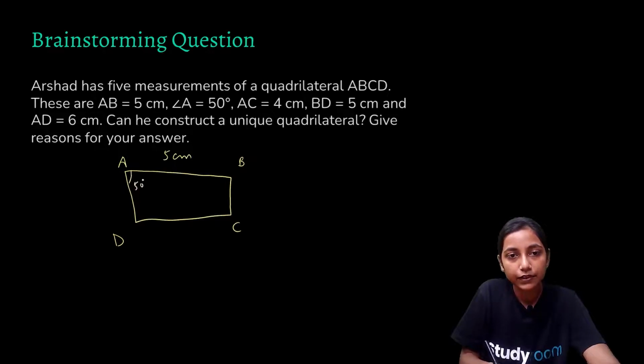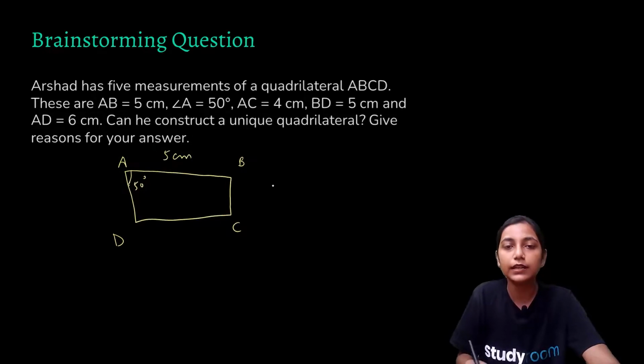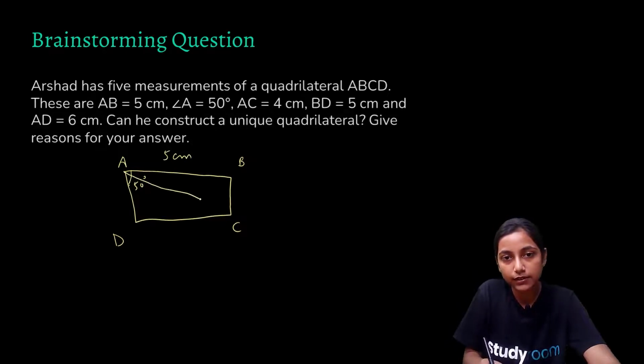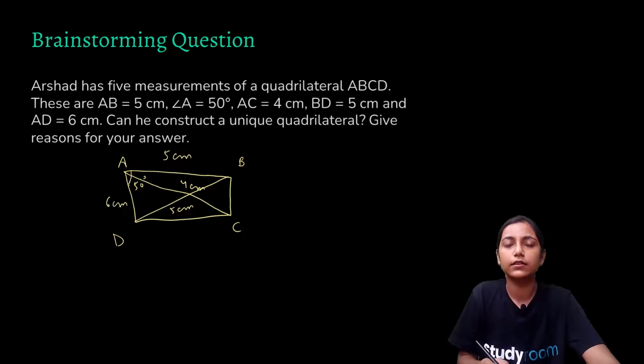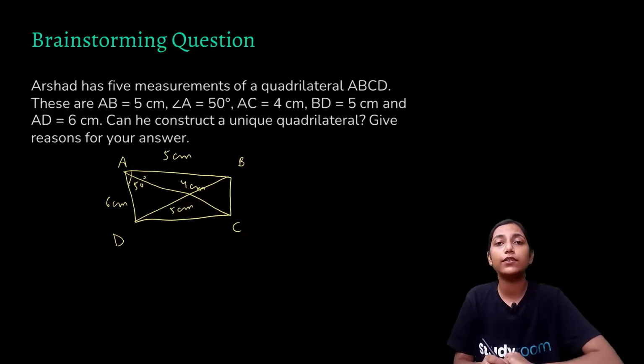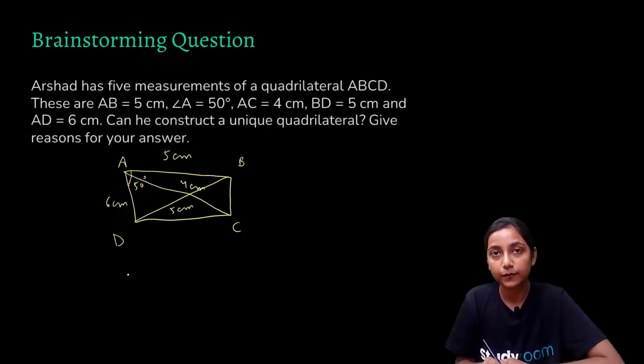If this is 50 degrees, angle A is given to us as 50 degrees. AC is given to us now. AC means the diagonal is given as 4 centimeters. BD is 5 centimeters, the other diagonal also given as 5 centimeters. And AD is 6 centimeters. So can we construct a unique quadrilateral? Give reasons for your answer.